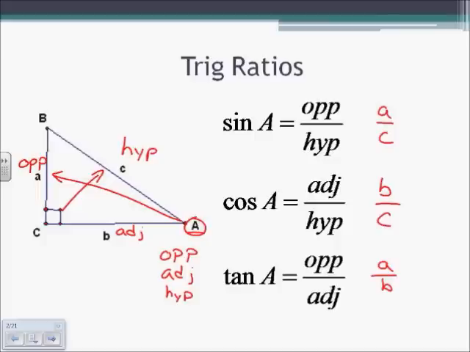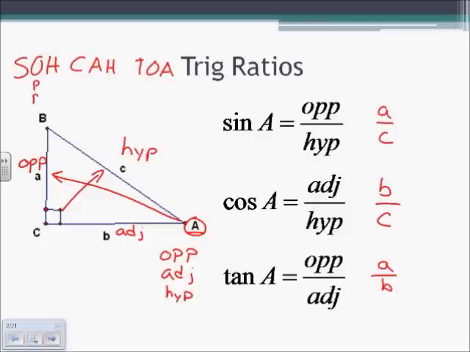Now there is a way to remember these, at least that I was taught when I was younger, and that's with the little phrase SOHCAHTOA. SOHCAHTOA stands for sine, cosine, and tangent, and gives you the layout of all of those ratios.